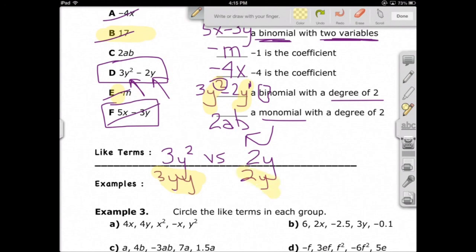This is 2y. When we get to the algebra tiles, although I'll jump into it a little bit here, this is like saying we have 3 of these squares, these y squared terms, and here we have 2 of the y rectangles.